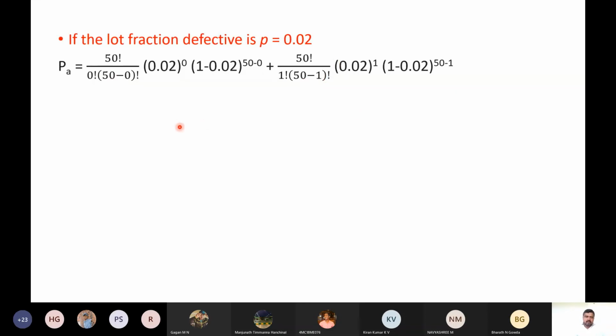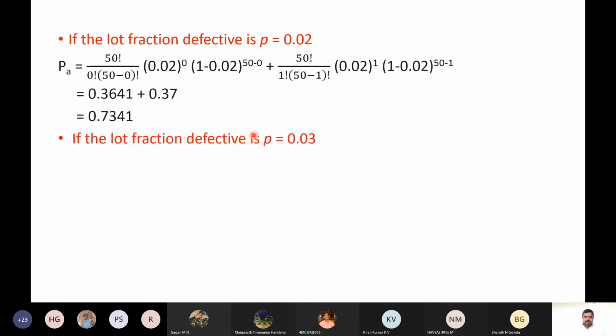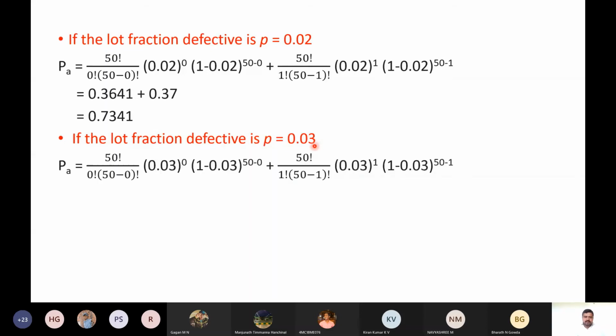That gives the overall probability of acceptance when the lot fraction defective is 2%. Next, consider the p value as 0.03, substitute in the equation and get the value.